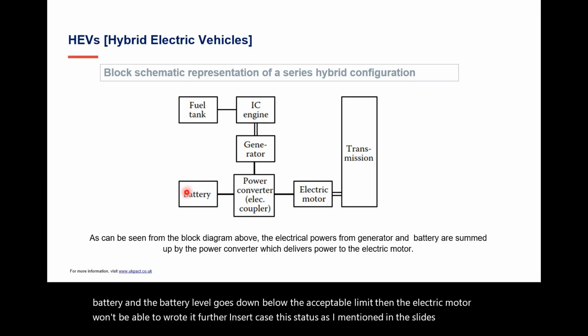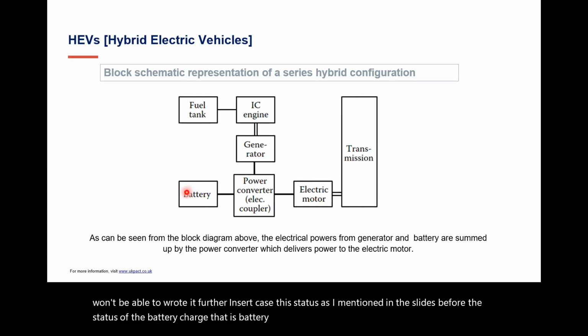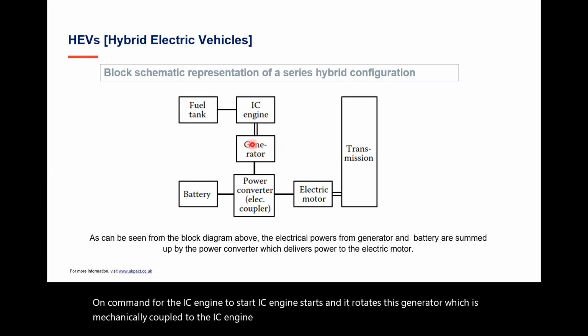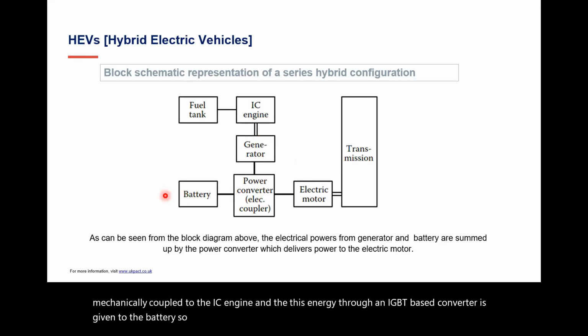Once the signal of battery voltage low is communicated to the EVCU, the EVCU gives an on command for the IC engine to start. The IC engine starts and rotates this generator, which is mechanically coupled to the IC engine, and this energy through an IGBT based converter is given to the battery. So that means the main function of an IC engine in case of a series hybrid is to charge the battery.